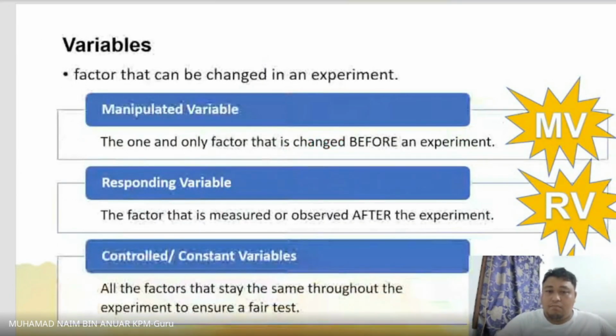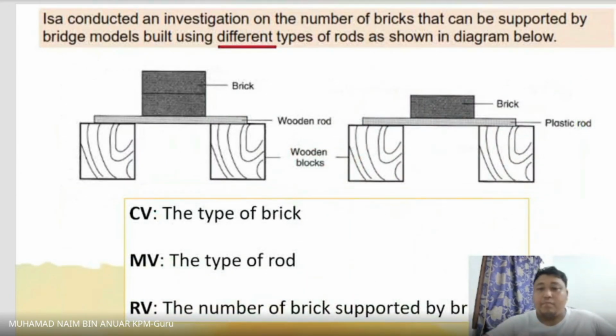We look at here. This question, I think the best question is one. Okay. MV, manipulated variable, is something that changes before you start the experiment. Let's say one thing you put wooden rod, one thing you put plastic.